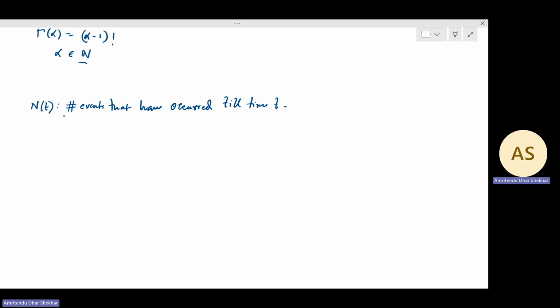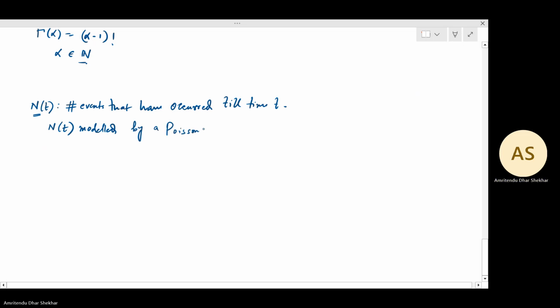And NT is modeled by a Poisson random variable with parameter lambda t.